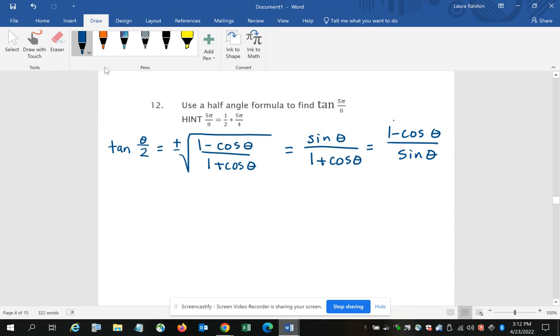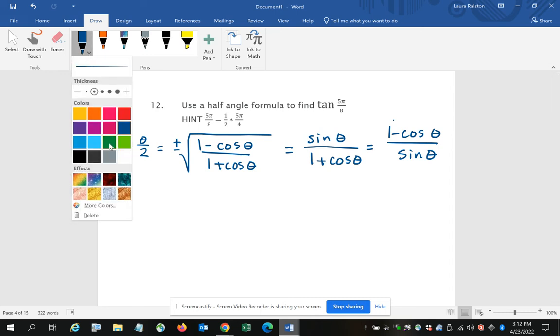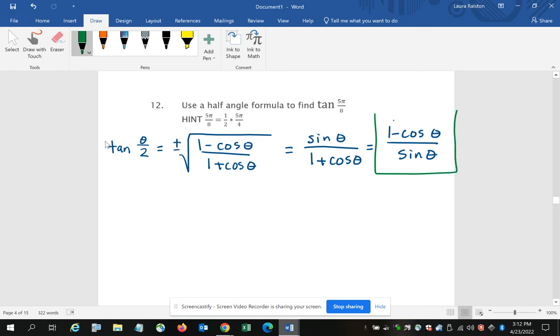I would strongly recommend that you use this third option. 1, it has no radical. 2, you're not going to have to decide between positive and negative. 3 is it has a single term in the denominator. There's no addition or subtraction.